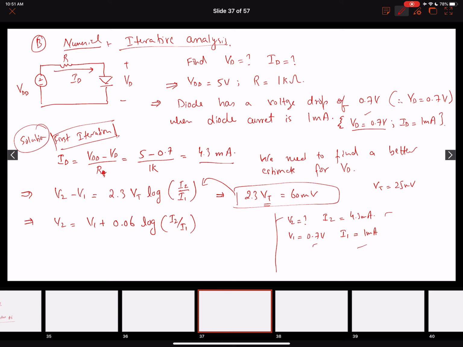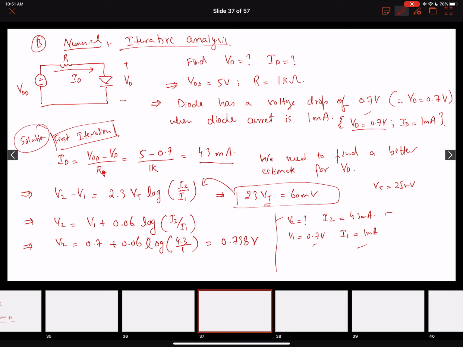So if I plug in the numbers here, V2 equals V1, which is 0.7 volts, plus 0.06 log of I2, 4.3 over 1. The value of V2 that we will get will be 0.738 volts.